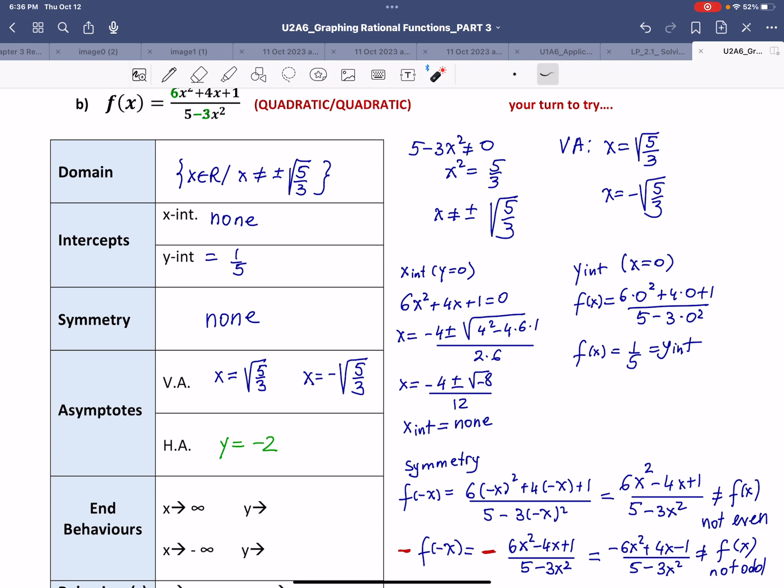of 5 over 3 would be equal to, I need to grab a calculator here. So the square root of 5 over 3 would be equal to about 1.29. I will keep this in mind so that I know about where to draw the vertical asymptote.